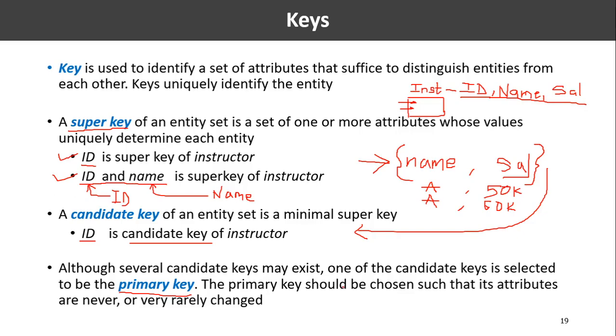It may happen sometime, and that is why instead of choosing name, salary as the primary key, we prefer to use ID as the primary key. I hope you have understood the concept. If you have any doubts, please report them.